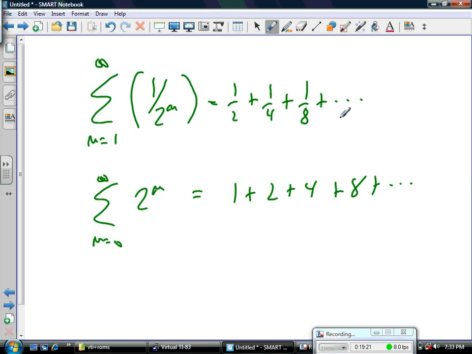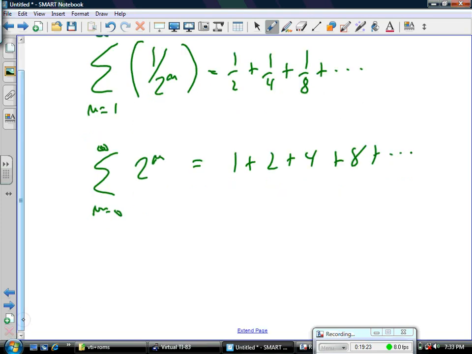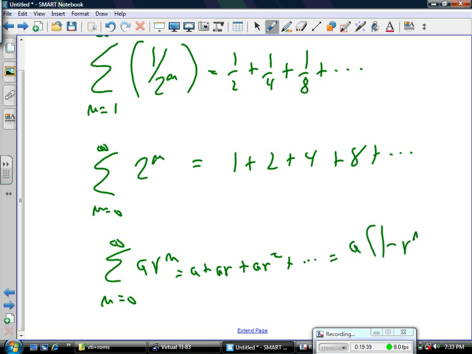All right, look. If I write this more in general, I say, okay, it's sigma a r to the n, as n goes from 0 to infinity, is a plus ar squared plus forever, equals a times (1 minus r to the n plus 1) over (1 minus r). Okay.